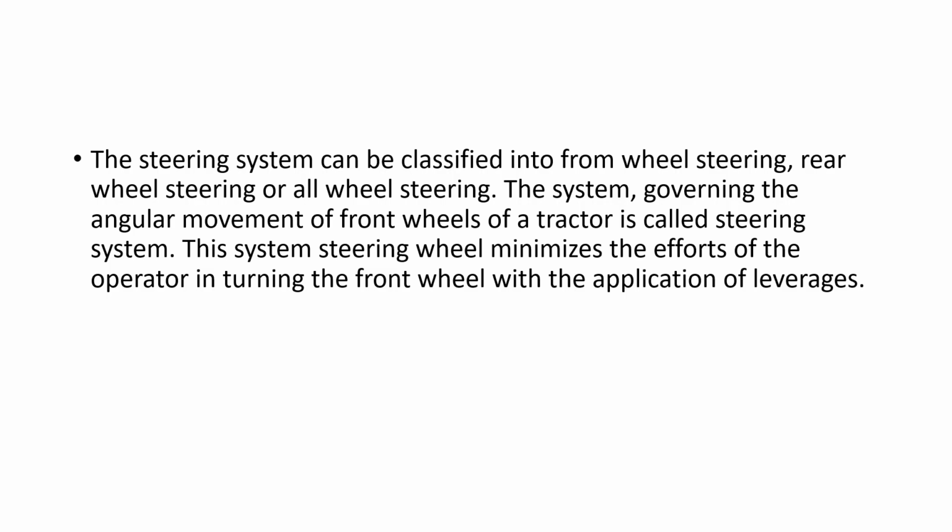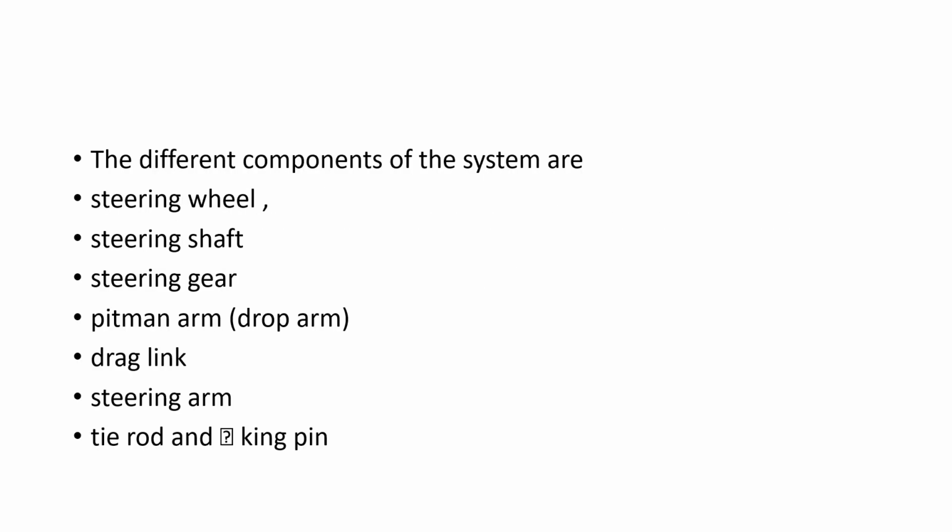It has to be designed such that it minimizes the effect of application of leverages. The components are the steering wheel, the steering shaft, steering gear, pitman, drag link, steering arm, tie rod, and also a kingpin.